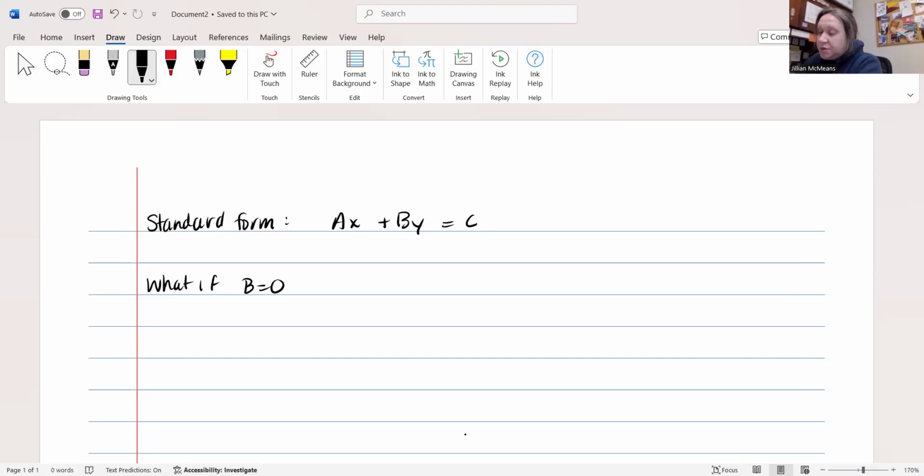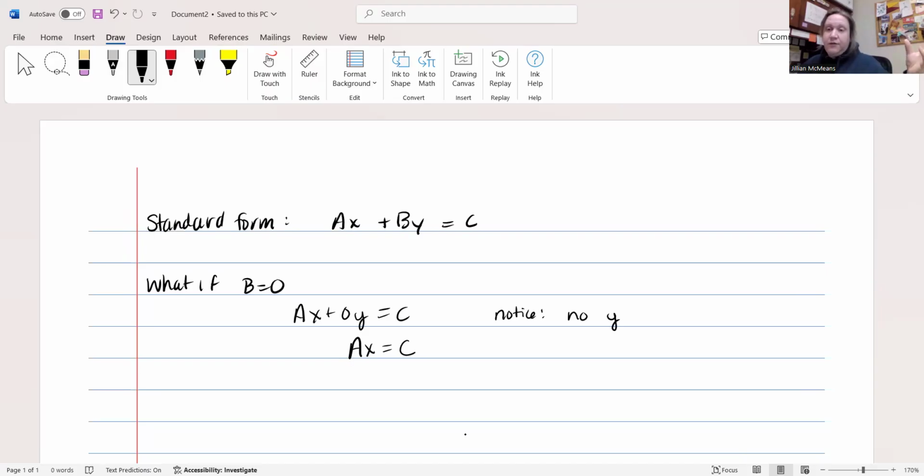So if b equals 0, we would get ax plus 0y equals c. Well, 0 times y is just 0, and ax plus 0 is just ax. So ultimately, we would get ax equals c. A couple of things to notice. There's no y anymore. When we look at the equation, that y kind of zeroed out.